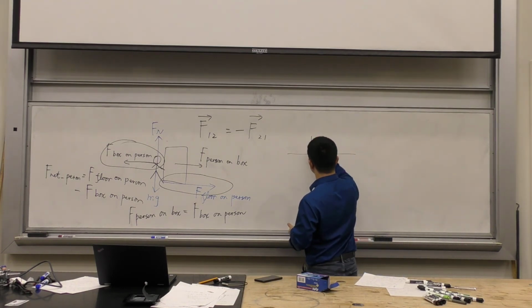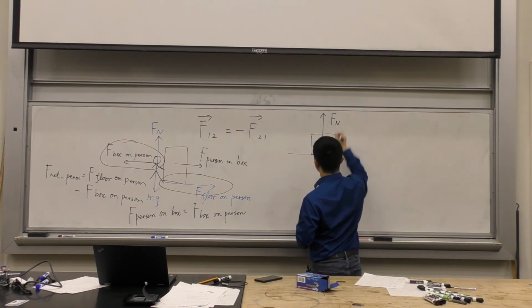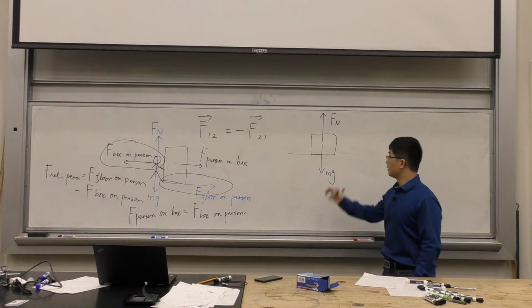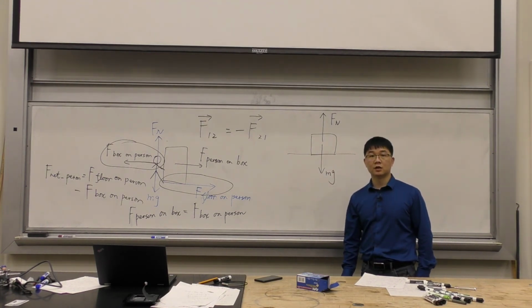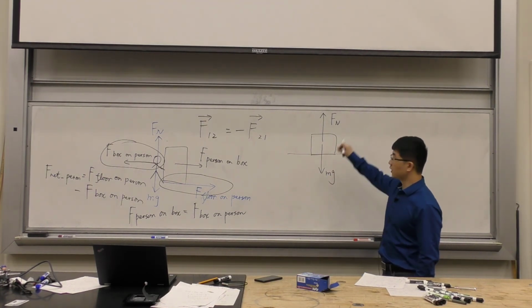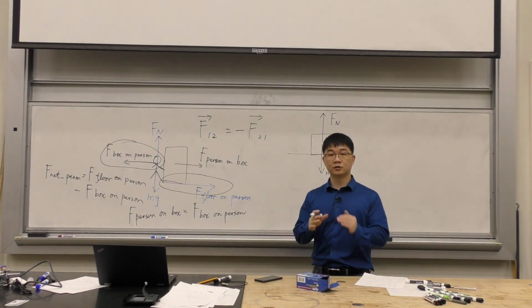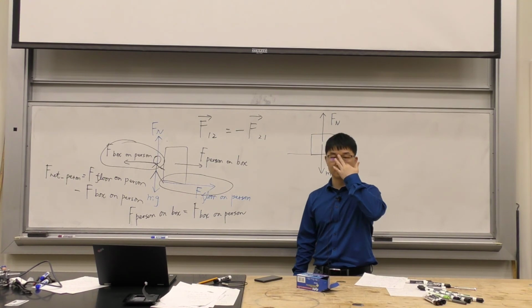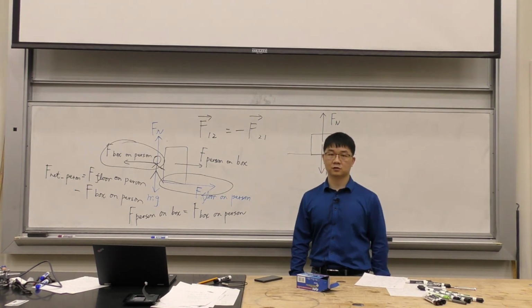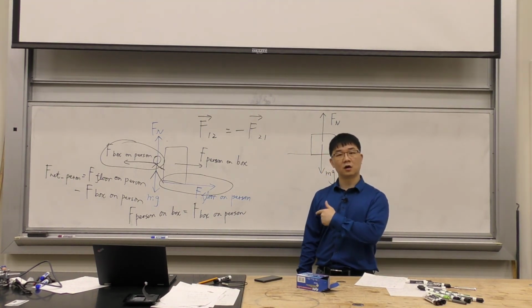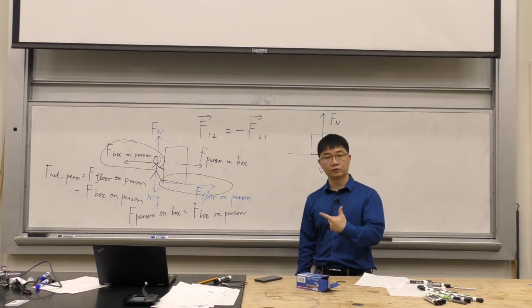If there's a box on the surface, I would draw gravity and normal force. They are balance forces because they are on the same object, and then they cancel out exactly, so this object doesn't move, or this object is moving with a constant velocity. They are not called action and reaction.